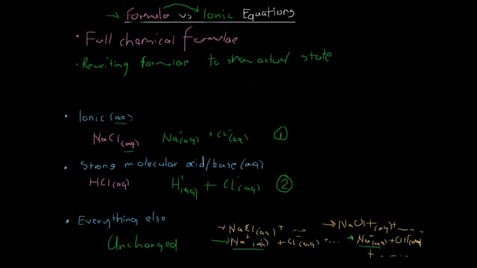Looking at this ionic equation, we realize that the sodium ion itself is undergoing no change. We have it in aqueous state on both the left-hand side and the right-hand side of the equation, and so for that reason we can cancel it out, because including it in the equation has no effect. It doesn't really show what's going on.